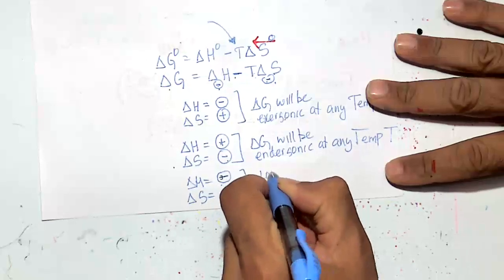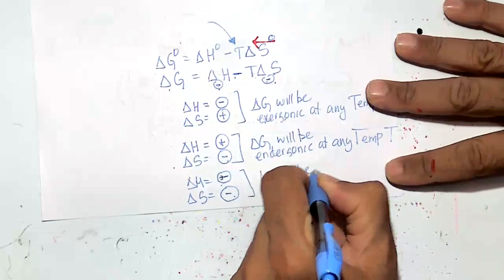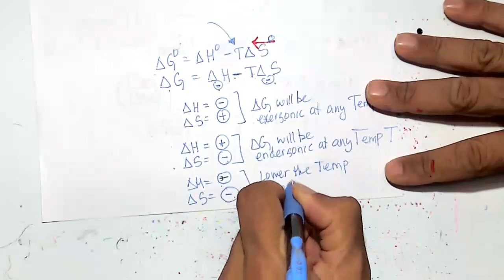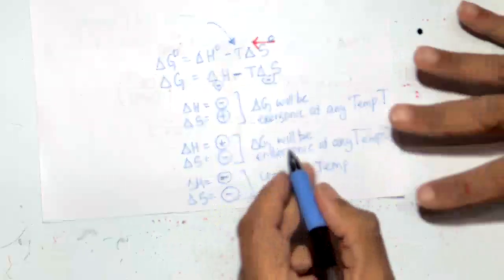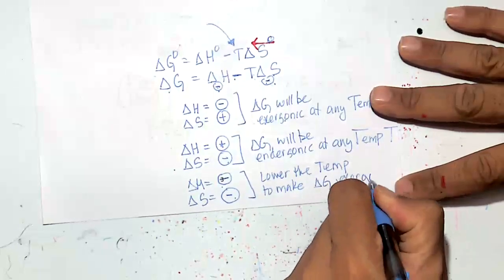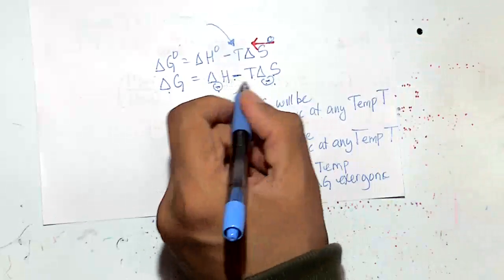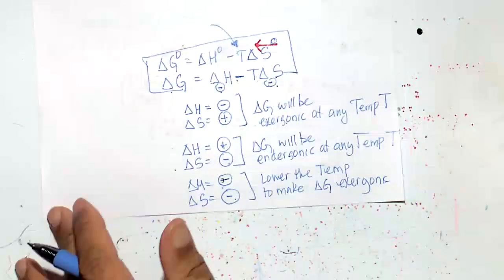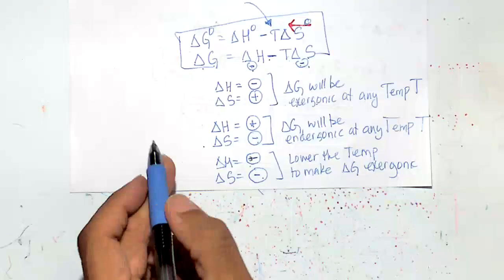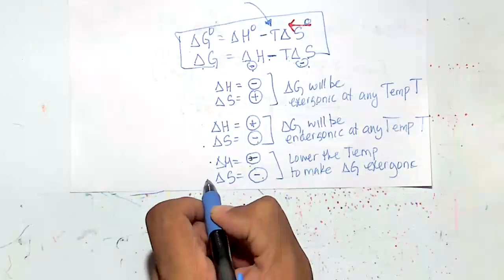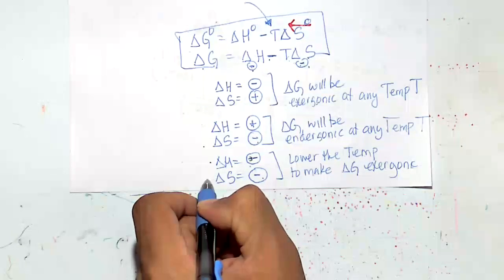So here what you want to do is lower the temperature to make delta G exergonic and favor the products. You're going to plug it in to this equation. So we say this situation is when it's enthalpically favored but entropically disfavored.